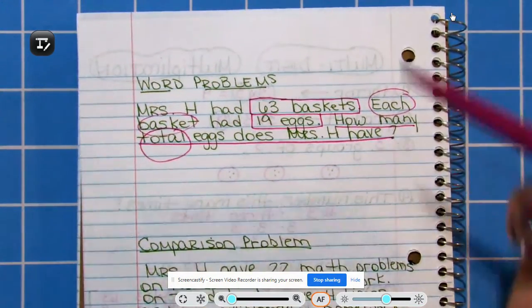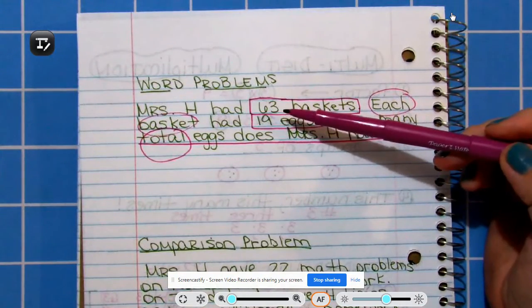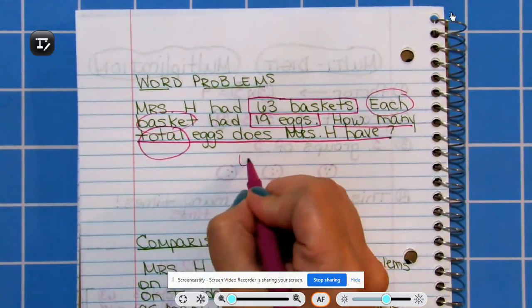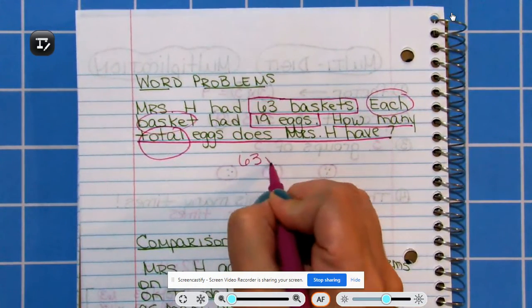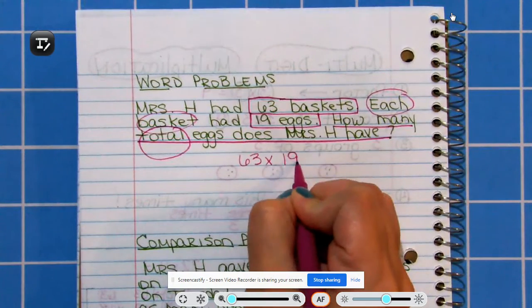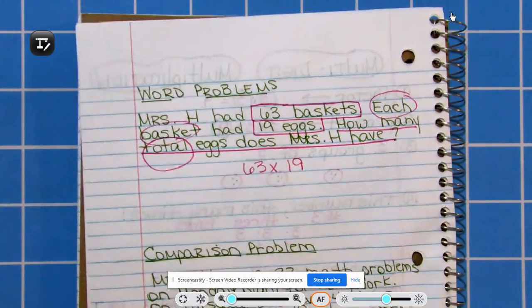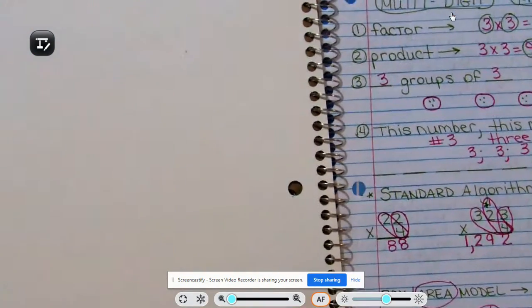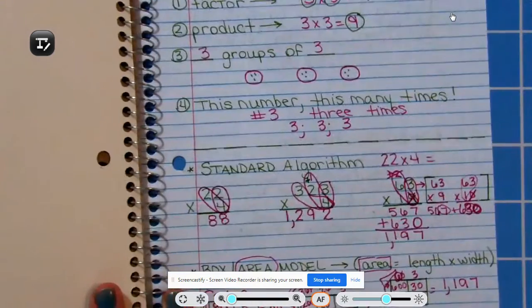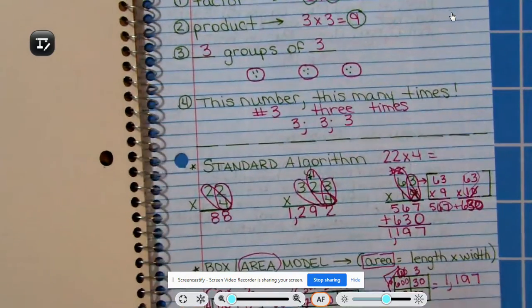So it sounds to me like I have 63 groups of 19 eggs, 63 baskets of 19 eggs. And that's a multiplication problem that we've already solved. I tried to stick to the same ones. 63 times 19, 1,197.